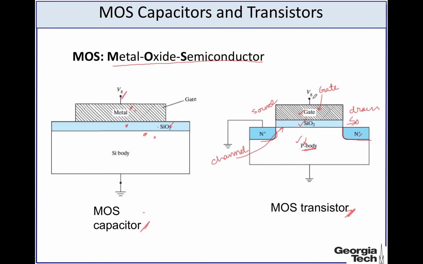Now the voltage that we apply at the gate is called the gate voltage, and then we apply a voltage here at the drain, which is called the drain voltage. And by using this gate voltage, we control the amount of current that flows between the drain and source in a MOSFET.